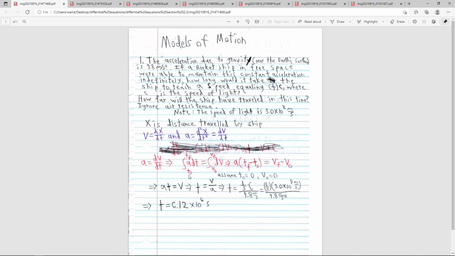I use tf and t0 right now, but you can just use t and t0, and the same for vf and v0, which can just be v and v0, because that's what it will be in most models. Basically you integrate. You put dt on the left side and dv on the right side. You have to integrate them separately.